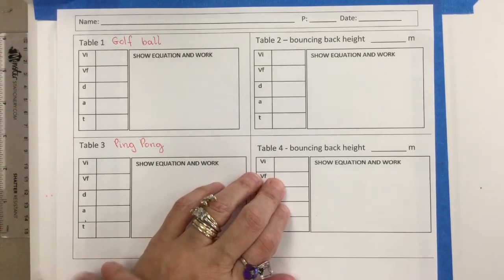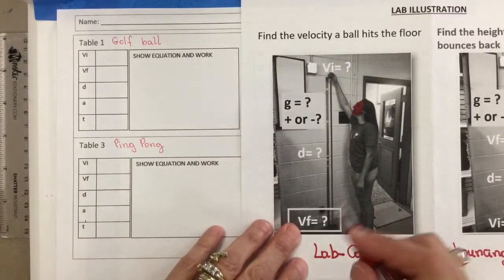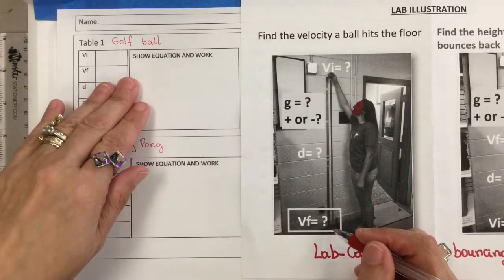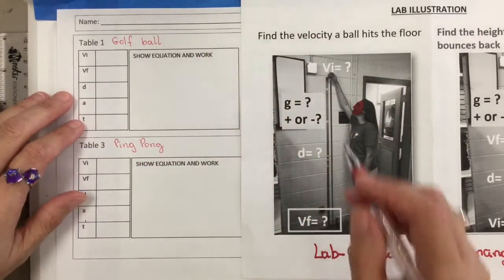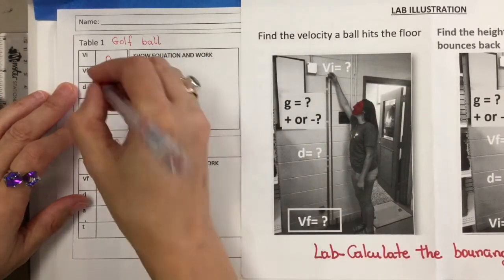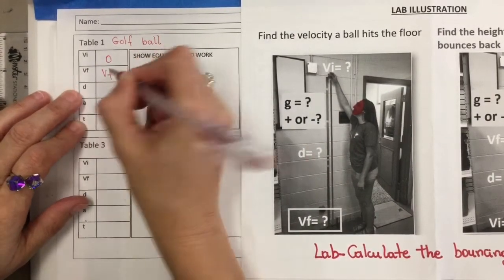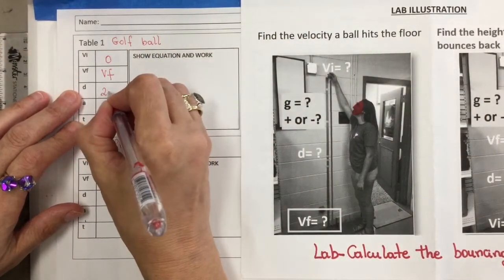Okay, so we are going to start by calculating the final velocity when the ball hits the ground. We are going to complete this table 1 based on this picture. Our initial velocity here is 0. Our final velocity is what we are looking for. Our distance is the 2 meters.